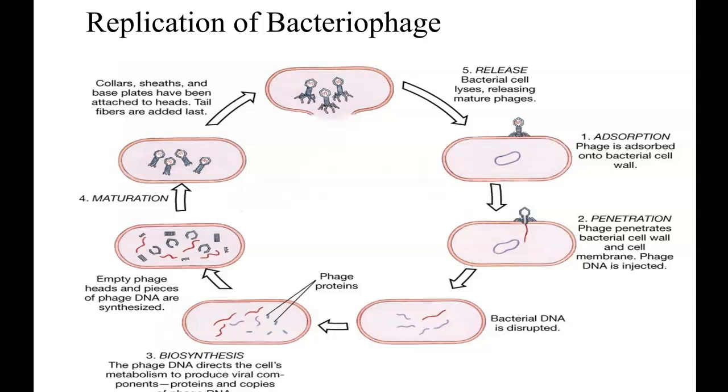And then finally, that top picture, you can see the release. Now, the cell is a goner because these viruses are going to blow open, lyse the cell, and now they're going to go out and they're going to infect other cells. So this picture that we're looking at is actually of the lytic cycle.